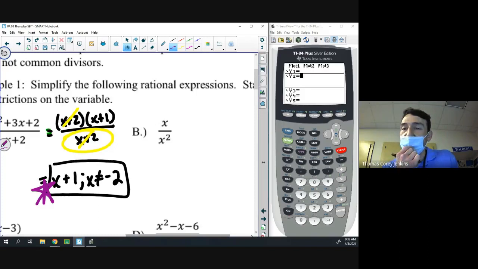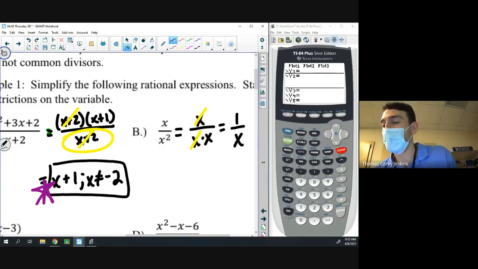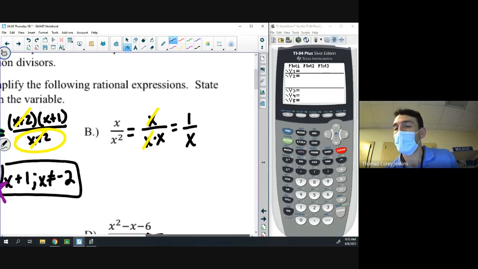All right, so looking at B, that's a lot simpler, right? If we're following our checklist, we would factor out the bottom to x times x. Cancel out your common factors, and we'd be left with just 1 over x. Is there any restriction to the denominator here? 0, that's right, very good.